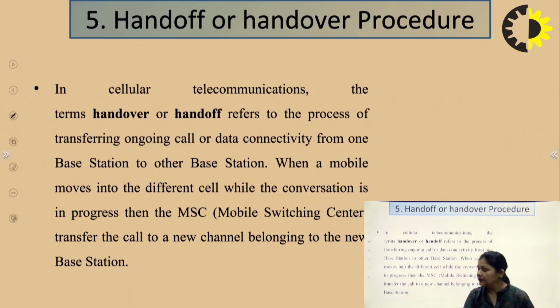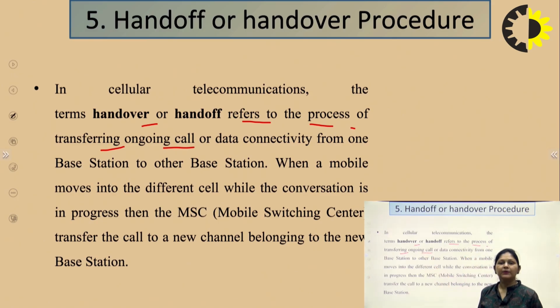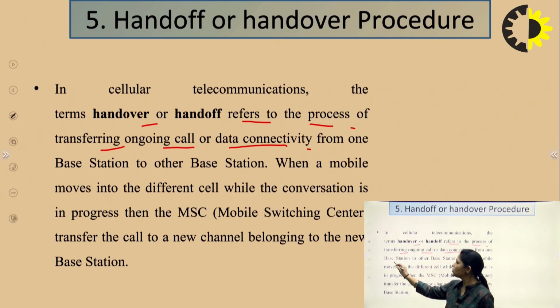In cellular telecommunications, the term handover or handoff refers to the process of transferring an ongoing call. Try to remember this: here we are talking only about ongoing calls or data connectivity from one base station to the other.